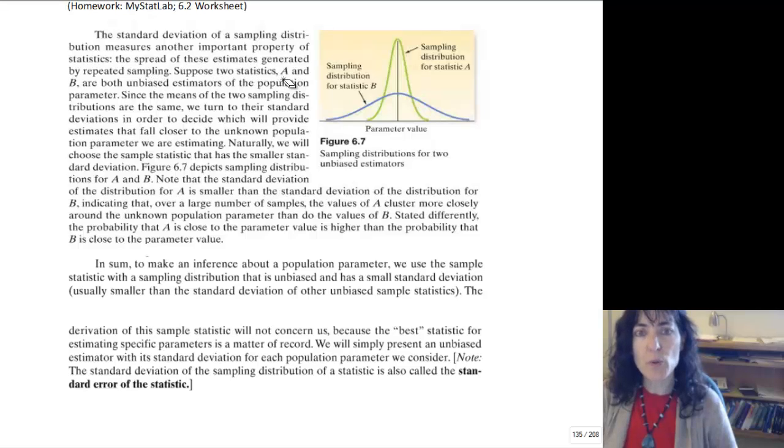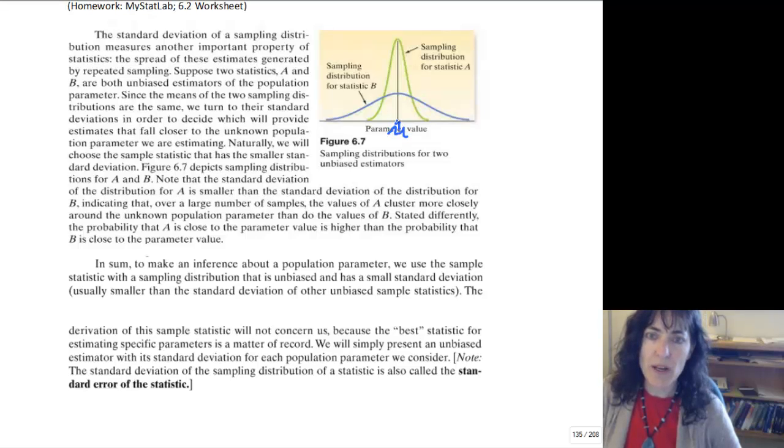Suppose we're looking at two statistics, A and B, and they're both unbiased estimators of the population parameter, so both have the exact same mean for the sampling distribution. Statistic A is maybe the mean, and statistic B maybe the median of the same population.